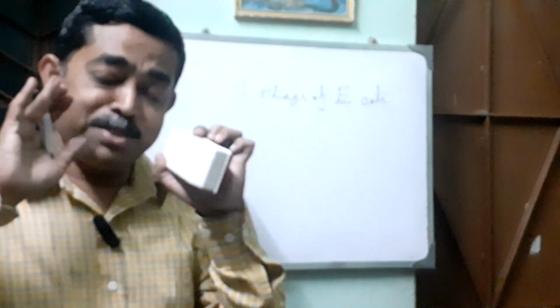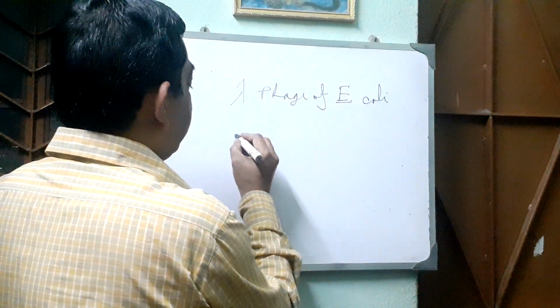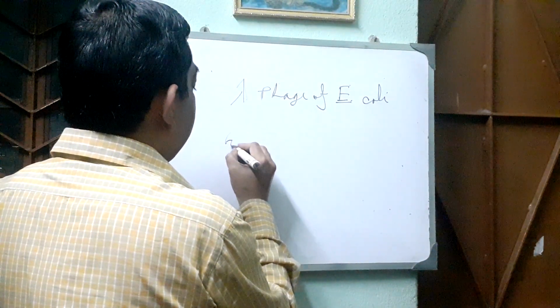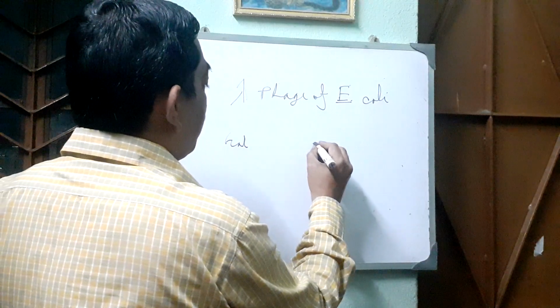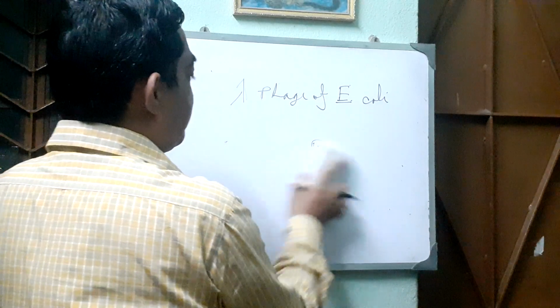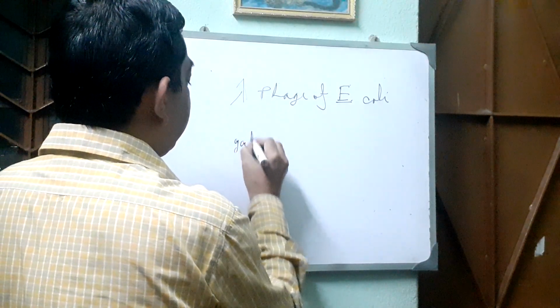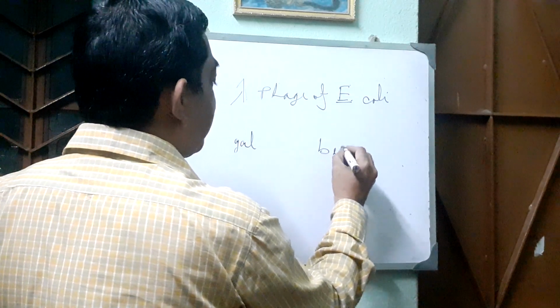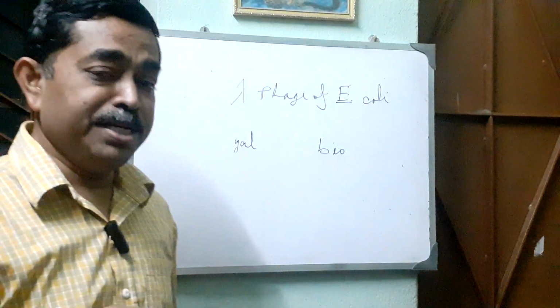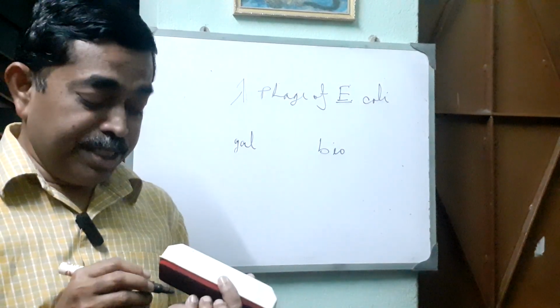Here the phage specifically binds at a specific position of the bacterial DNA, E. coli DNA, between the gal and bio genes. Gal means the galactose utilization gene, a metabolic gene, and bio means the biotin production gene.